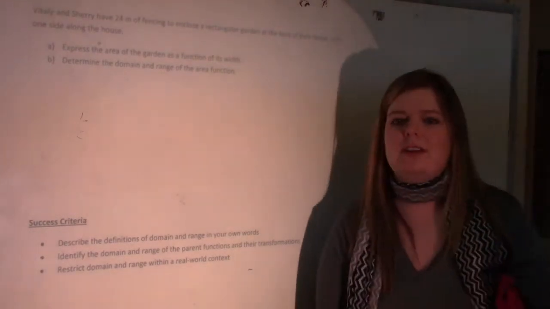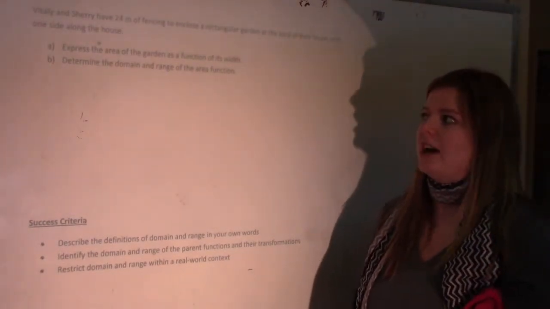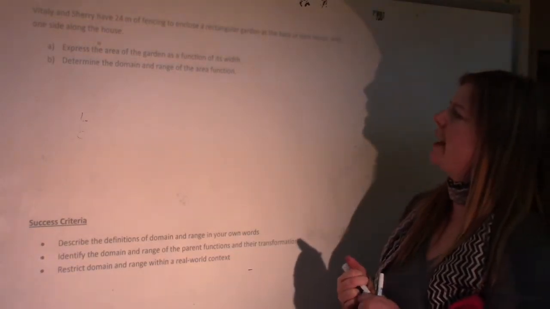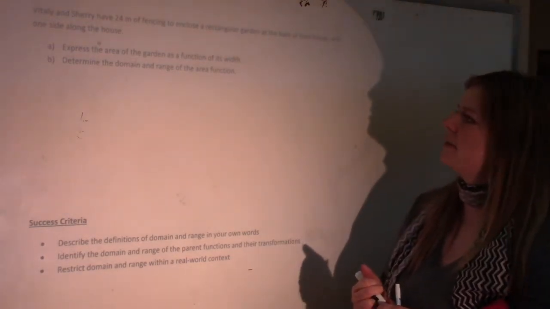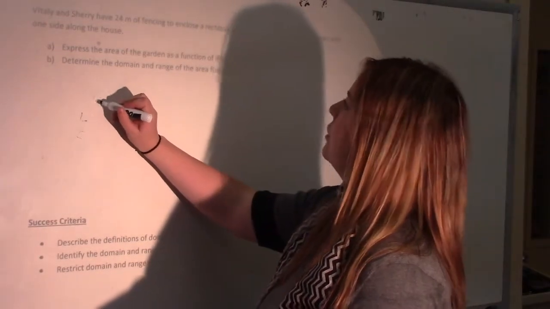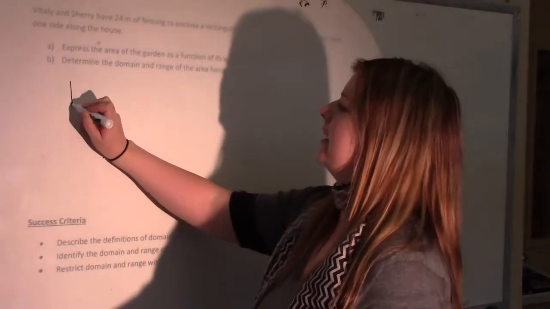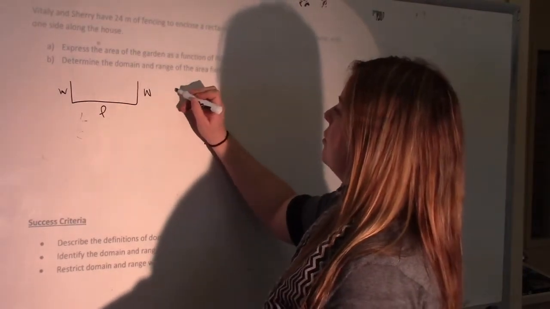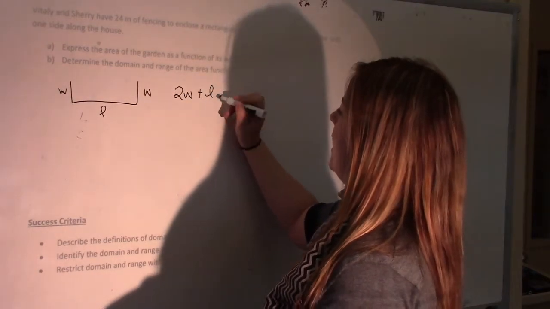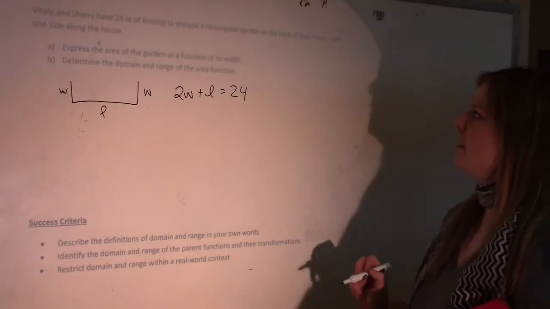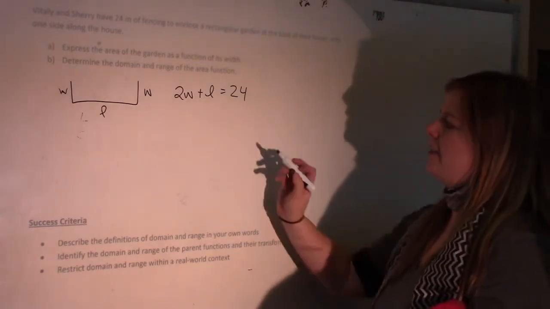Finally, here's a typical example you would have gotten from grade 10 quadratics. So they have 24 meters of fencing to enclose a rectangular garden at the back of their house. Okay, so that means that the perimeter, so if we have it like this, here's one length and two widths. So 2w plus L has to be equal to 24. Okay? So we want the area as a function of the width.